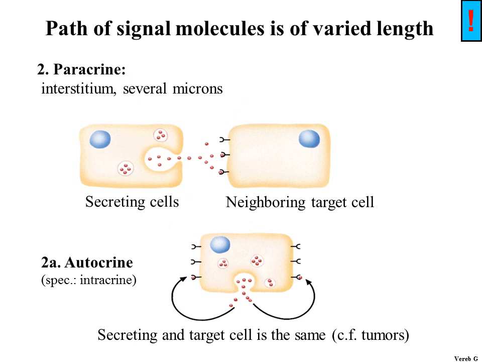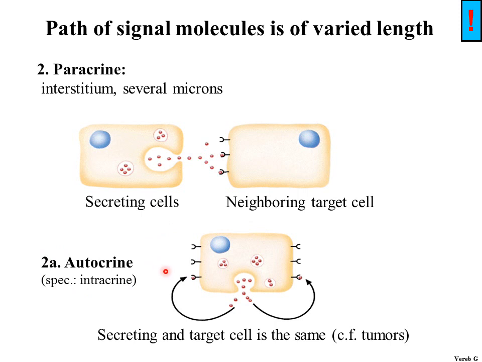So, the secreting cell releases the message molecule, it diffuses through the interstitium, and then it binds to receptors on or inside perhaps, but mostly on the membrane of the target cells. This mode of signaling has various subcases. One subcase that we mentioned first is the autocrine case.